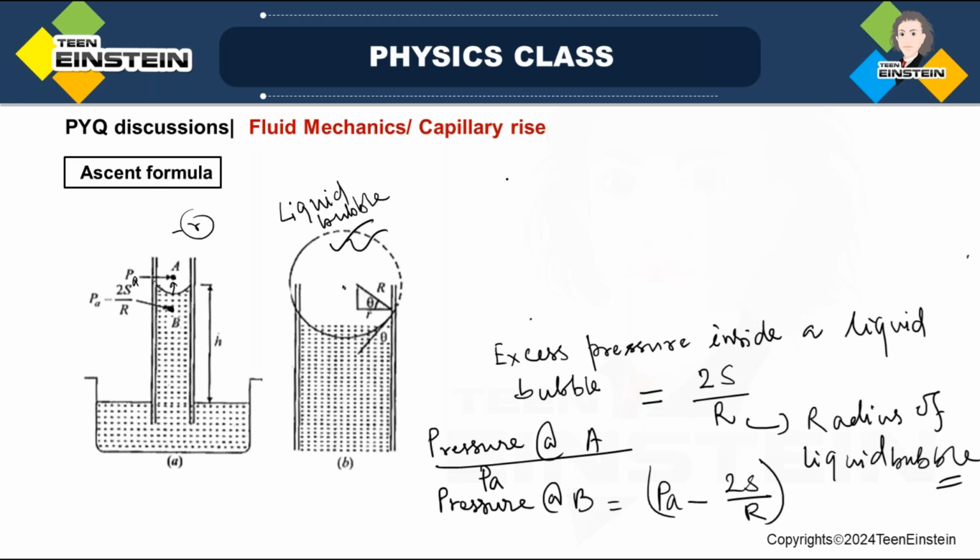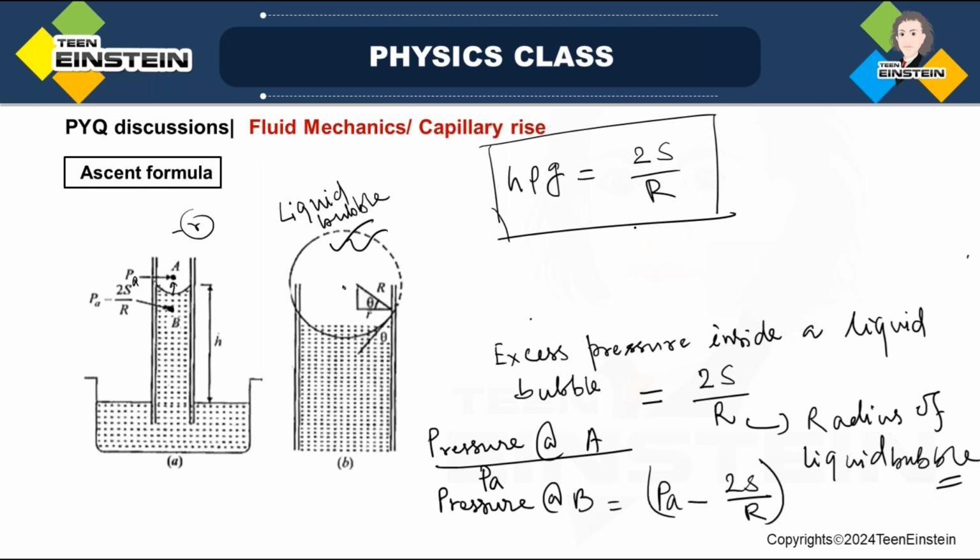This liquid column inside the tube will also have a certain hydrostatic pressure in the downward direction, that is h rho g, and this will be balanced by this excess pressure 2S by R. Now we have got the point. The excess pressure at point A will drag the liquid up to this height, and the height will be that much only till when the excess pressure can balance the hydrostatic pressure.